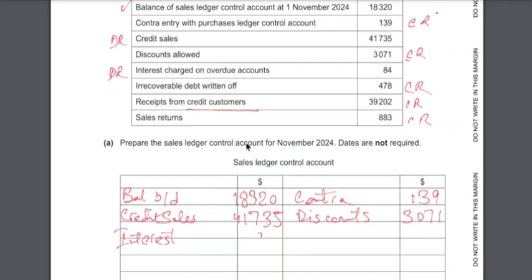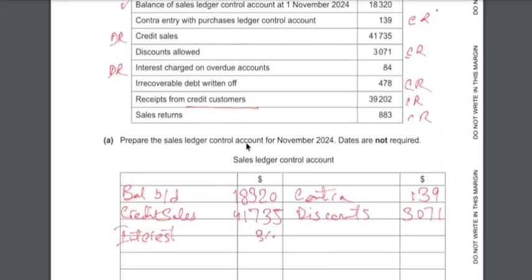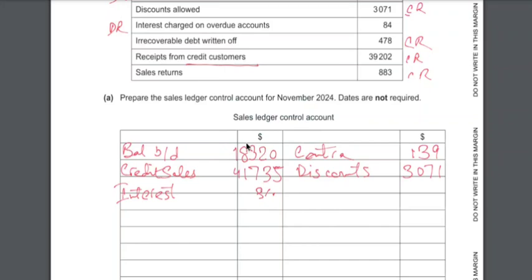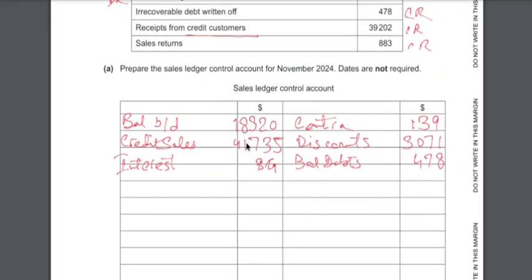We will simply add this on the debit side. Then we have irrecoverable debts. So our bad debts, I still use the term bad debts, and this is 478. The next thing we have is the receipts from credit customers. So credit customers have paid us the amount of 3.